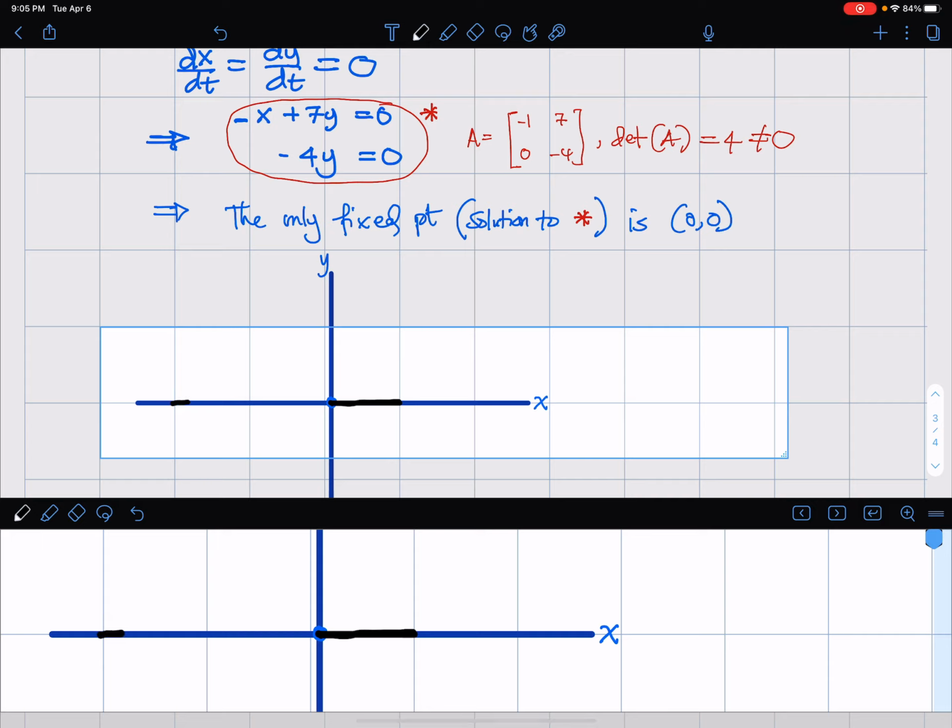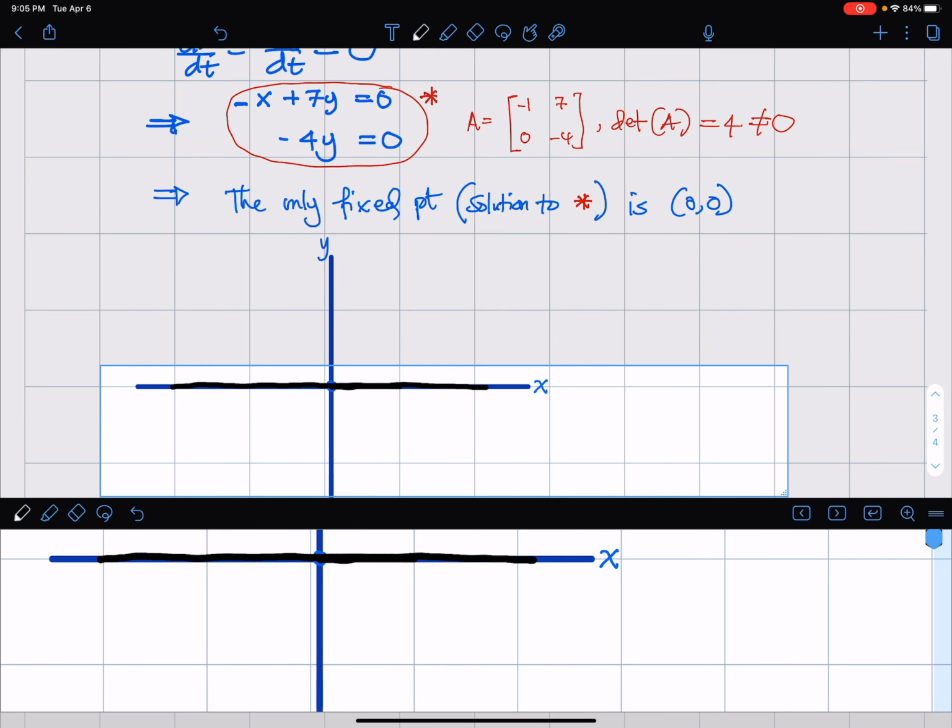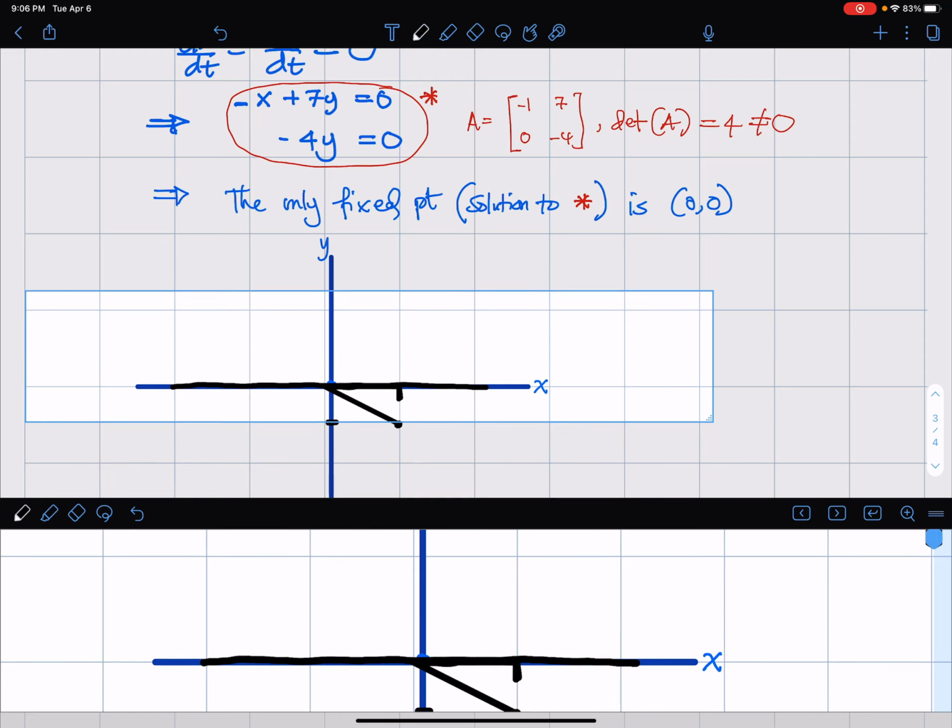But I'm going to extend the vector all the way along the line it lives on. So the next vector is 1, -3 over 7. -3 over 7 is somewhere here, okay? So this is another vector, right? But I'm not going to include the arrow. I'm just going to leave it like that.